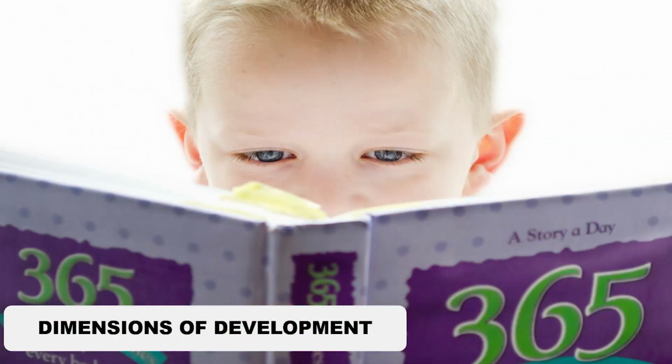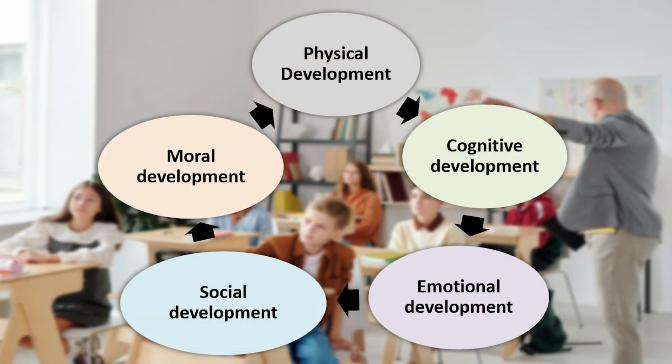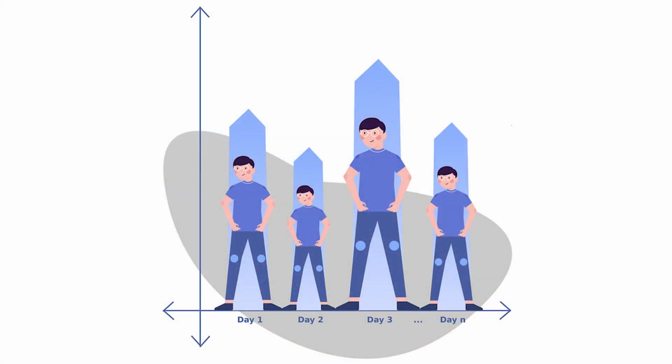Now when we talk about development, we know that development has many dimensions like physical development, cognitive development, emotional, social and moral development. When you talk about physical development, it involves the changes in the body of the individual, which means changes in the height and the weight of the individual.